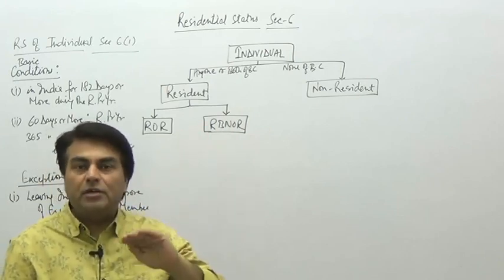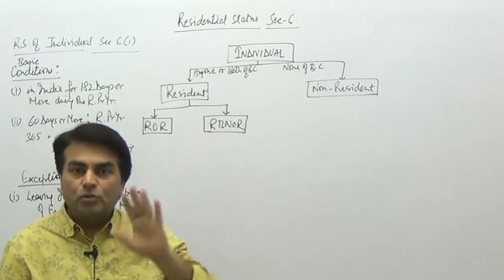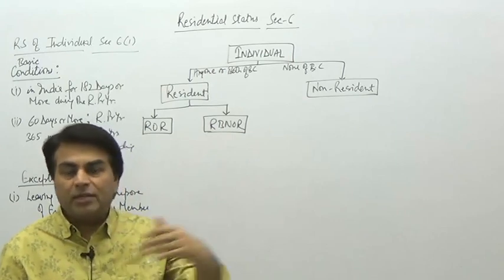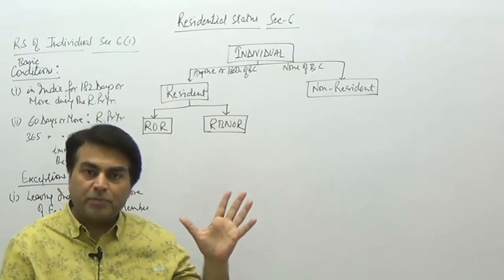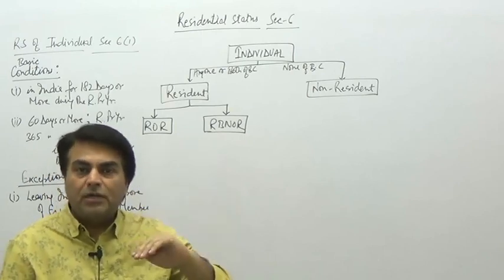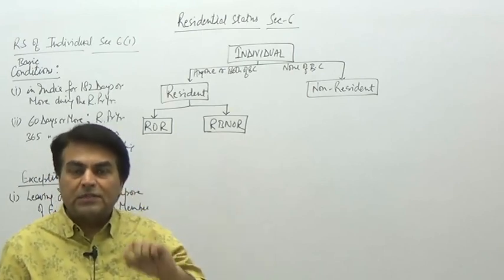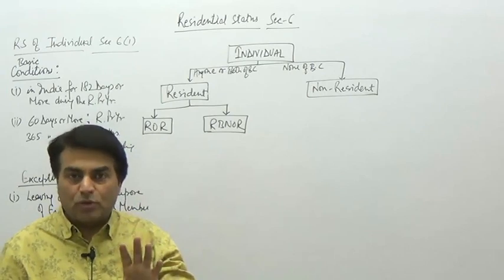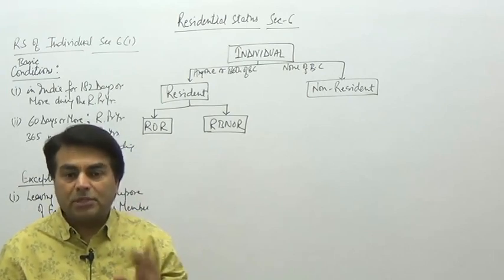He comes to India on a tour, and that tour could have any kind of purpose. Okay, so he comes to India in the relevant previous year. Such an individual is also covered under these exceptions.